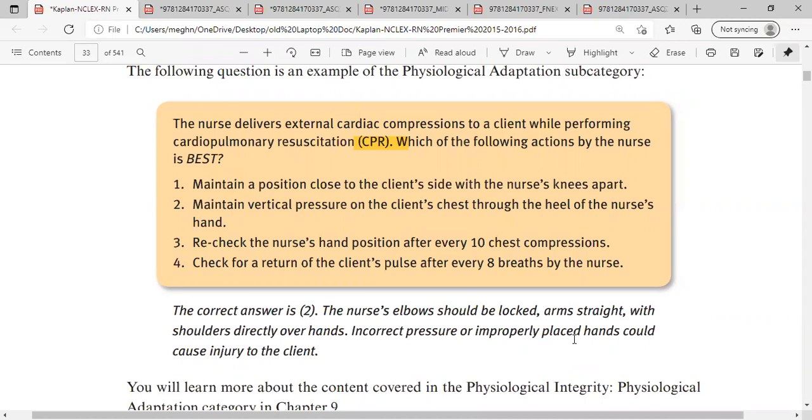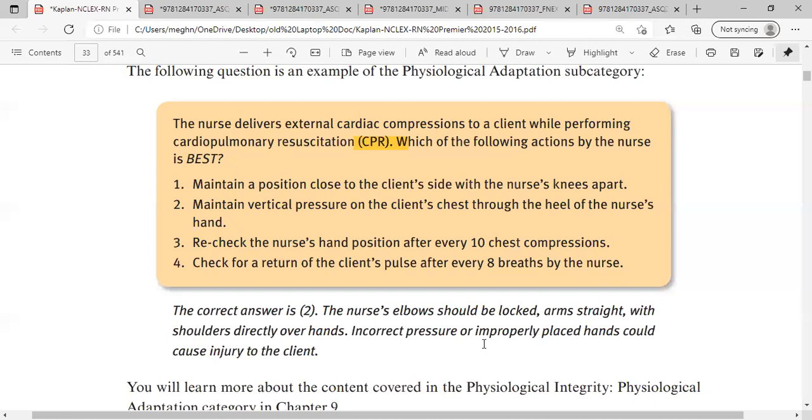And finally, we check whether the patient has gotten their breath back, or we can repeat until the ambulance or AED arrives, right? We have to go through the step-by-step process.